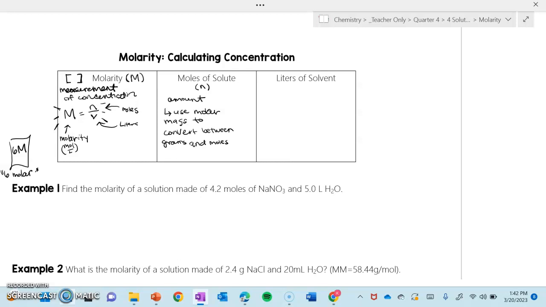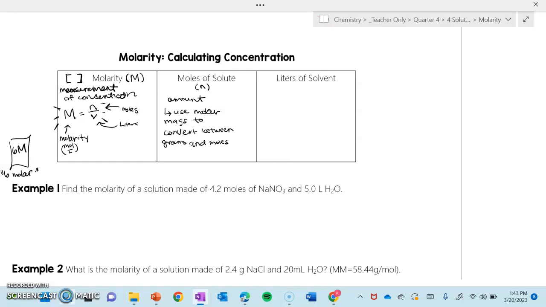Remember, molar mass is on the periodic table. Another note about the solute: if you add solute, then you're going to increase the molarity. So more of the particles dissolved, more concentration, which is the same as molarity.